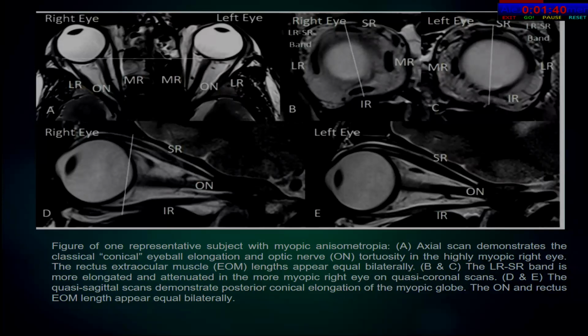Can you see this LR-SR band is a little longer than this one, which is in the left eye. And here you can see the larger eyeball in the more myopic eye than this one, the less myopic eye.